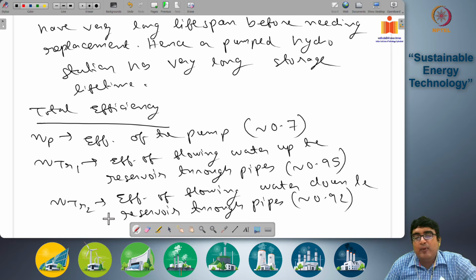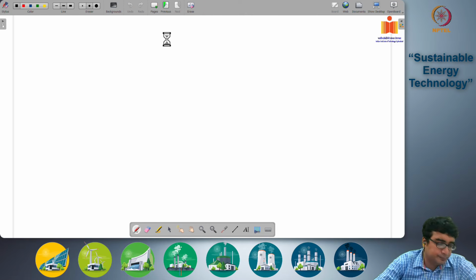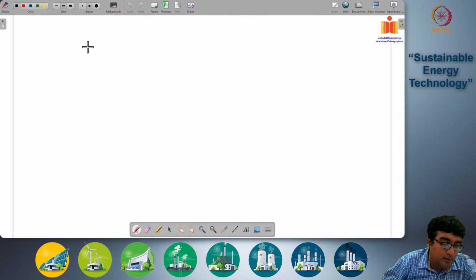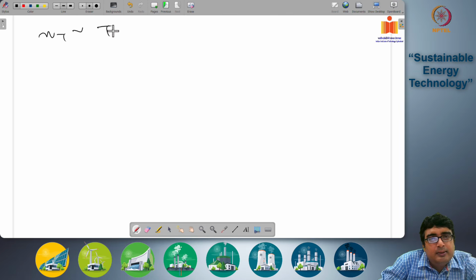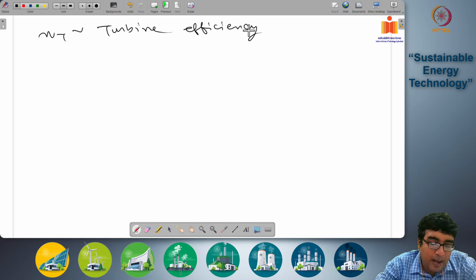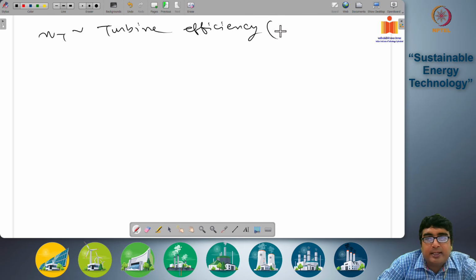So eta TR1 and eta TR2 are basically frictional and turbulence related losses in the flowing of the water up and down the piping system. Then you have eta T, the turbine efficiency, when the pump is being reversed and is working as a turbine, which is around 0.75.